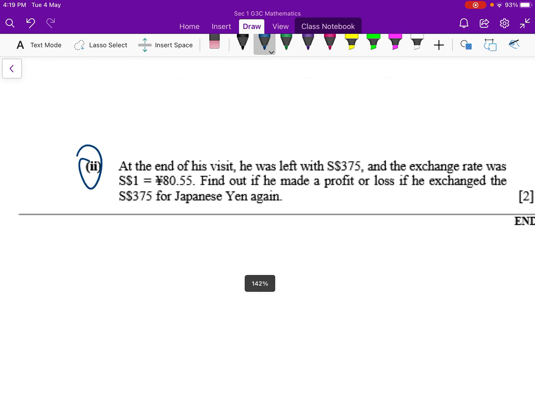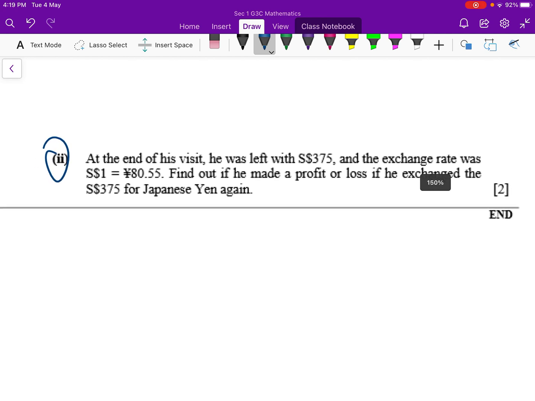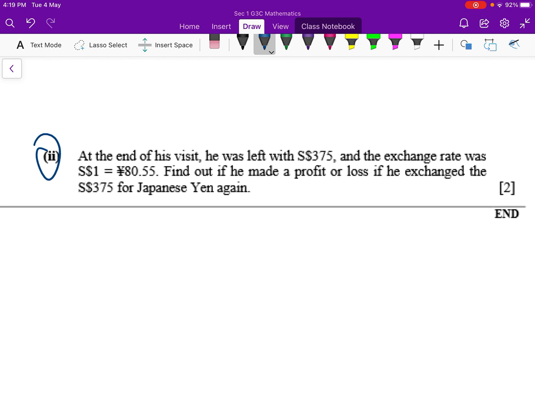Okay, now next one. At the end of the visit, he was left with $375 Singapore dollars. Exchange rate as such. Find out if you made a profit or loss if you exchange this amount of money for Japanese yen again. Okay, so at the start of the holiday, 1 Sing dollar is equivalent to 80.65 yen.